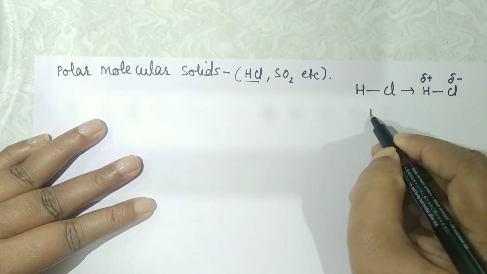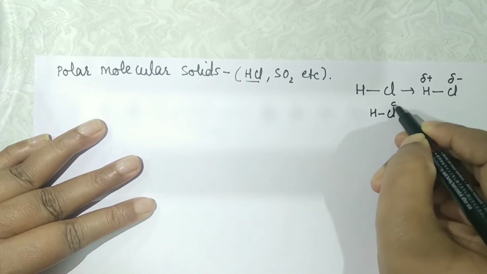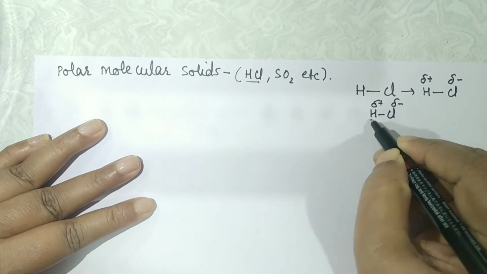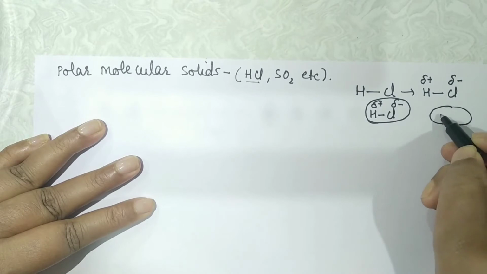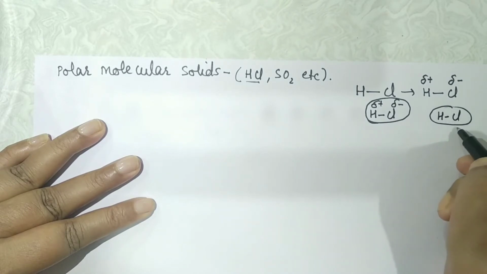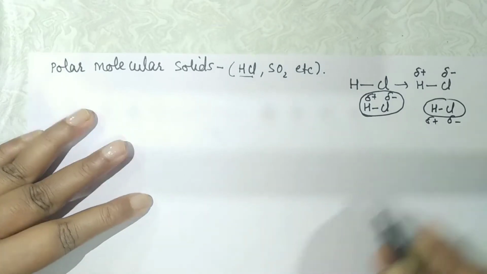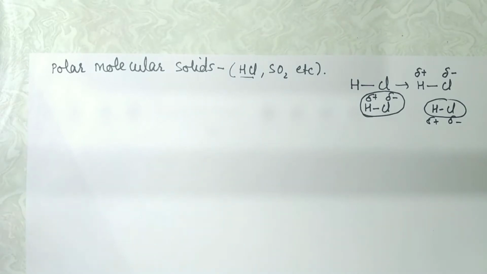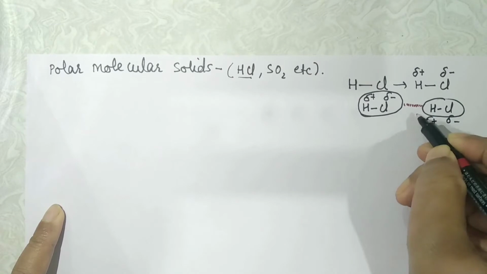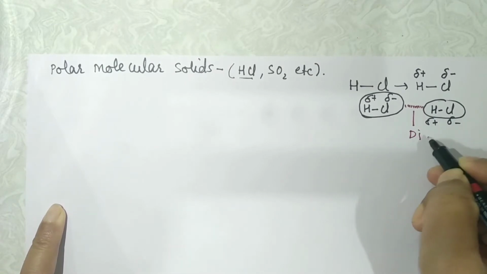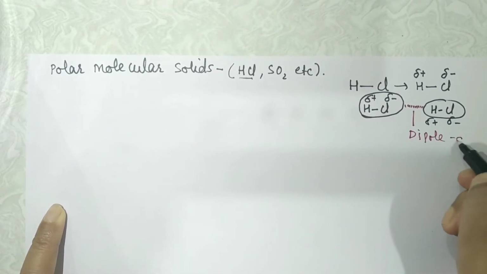When a molecule having a permanent dipole in this way approaches another molecule having a similar permanent dipole, with negative and positive ends, the interaction or the bond that exists between a dipole-created molecule and another dipole-created molecule is called dipole-dipole interaction.